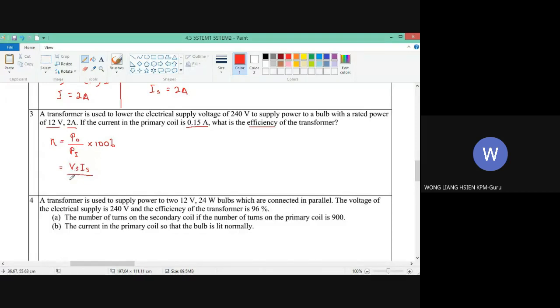Power input is voltage in primary times current in primary, times 100%. So efficiency will be equal to voltage secondary 12, current secondary 2 ampere, over voltage in primary 240, current in primary 0.15, times 100.